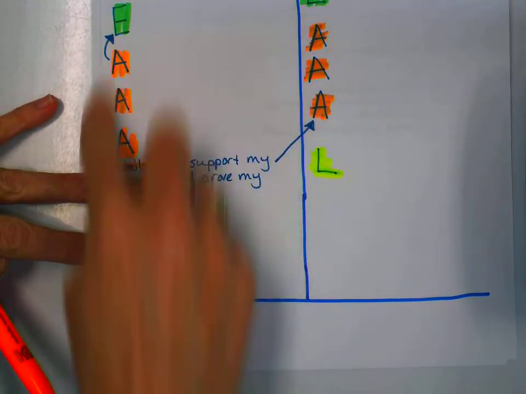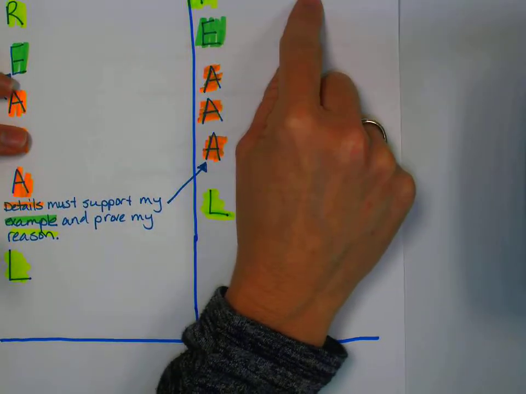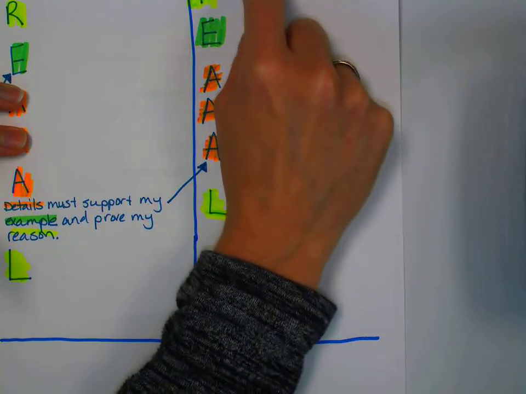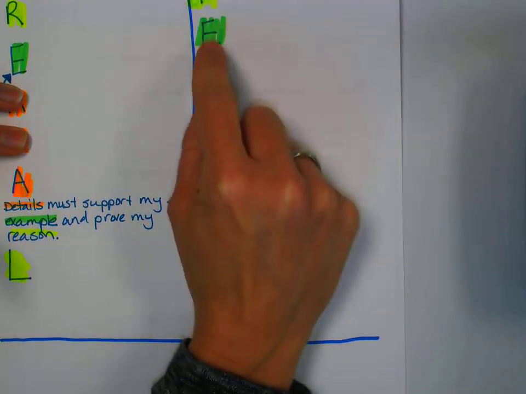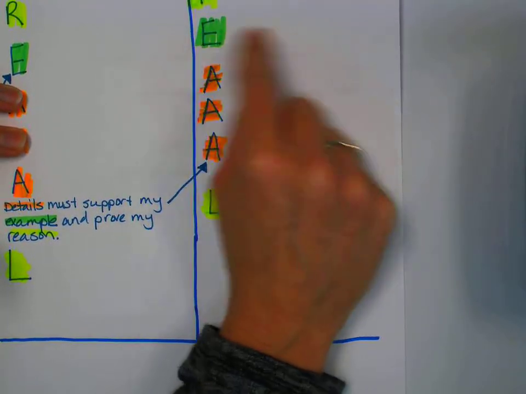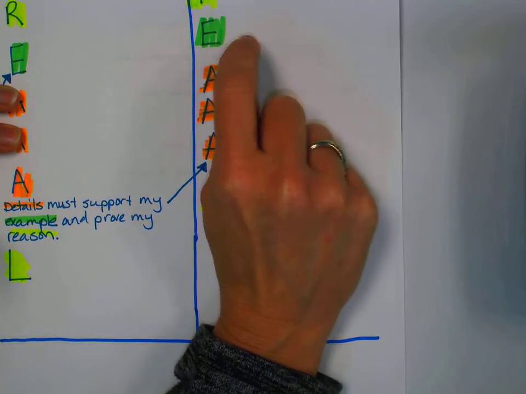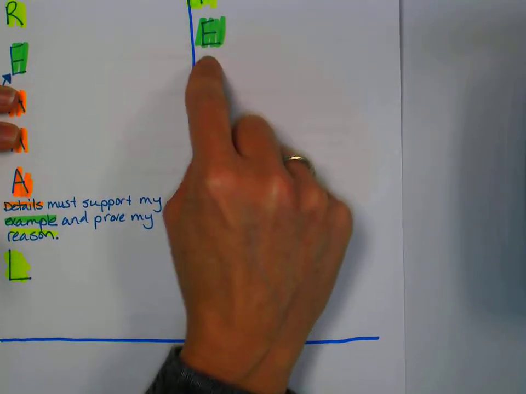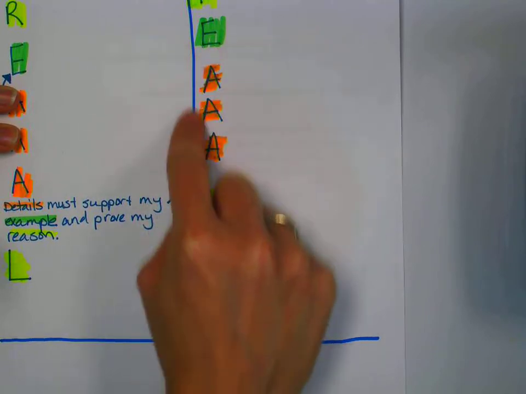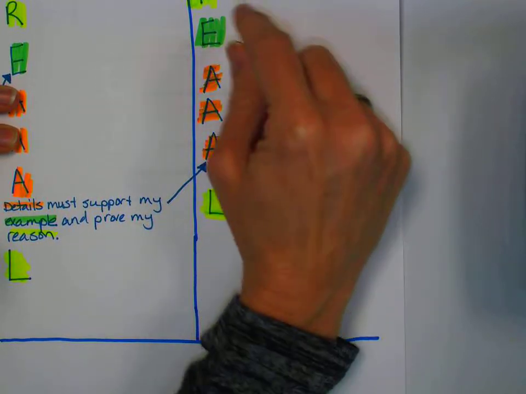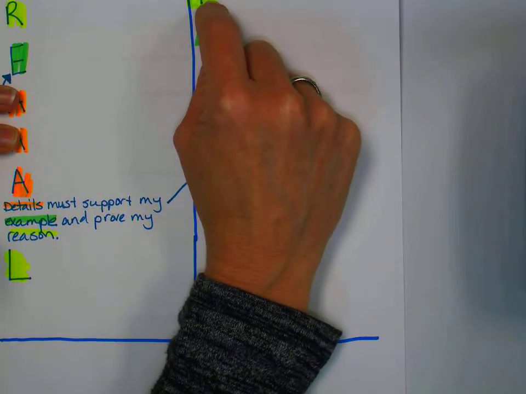I'm going to close this paragraph up. Then I'm going to transition to my next reason. So my reason number 2 is my transition. I'm going to have my second example that's going to be a specific example, and I'm going to add my imagery, my details, my figurative language that explains my example and proves my second reason.